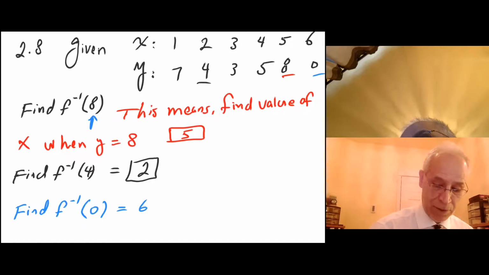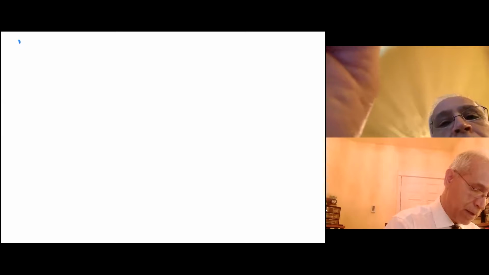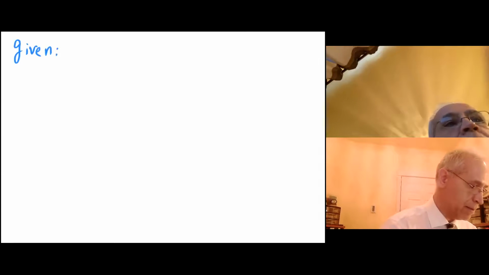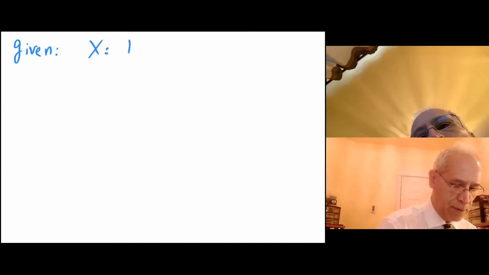Now this notation, find f inverse of 8, is a little bit different from the following question. Let's go to the next page. Given this table, the values of x are 1, 2, 3, 4, 5, and 6 again.